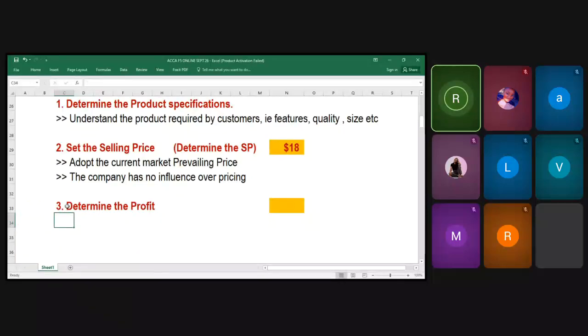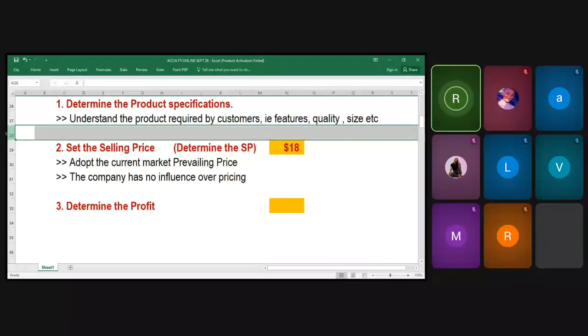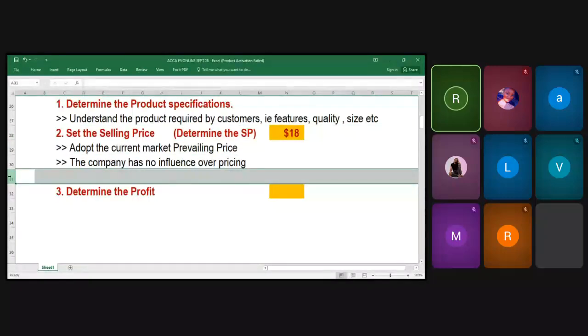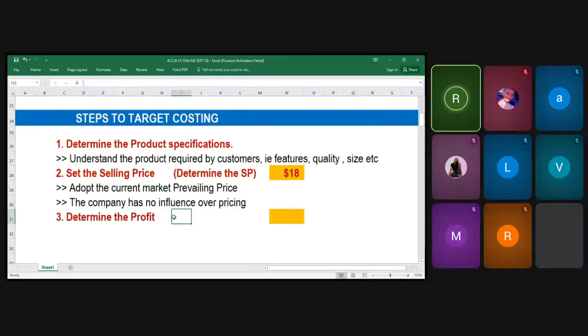So the question is, of this selling price that customers are willing to pay, what is the profit percentage that we want from that selling price of $18?